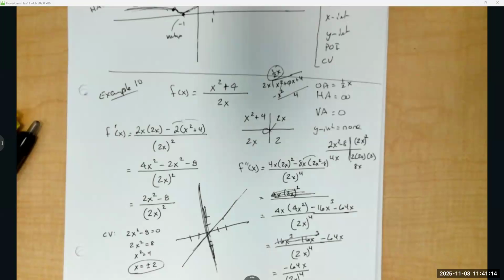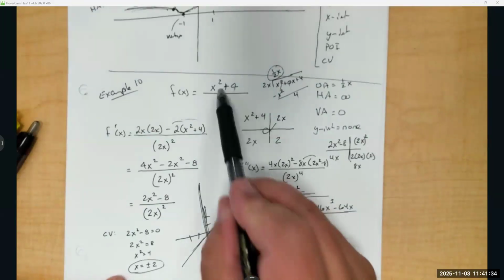Since there aren't any x-intercepts, how do we know there are no x-intercepts? Because you can't set the top equal to 0.